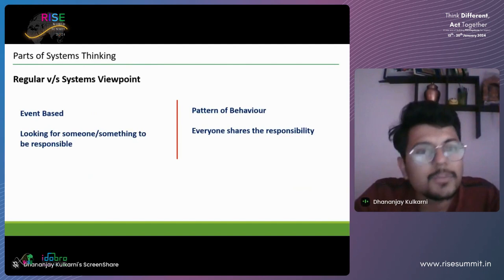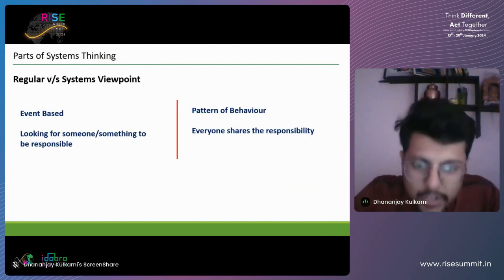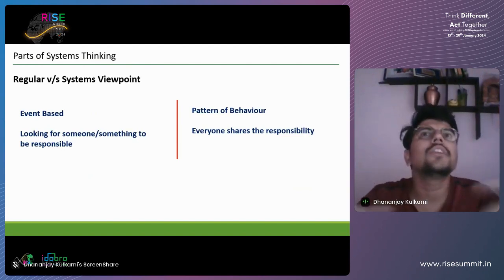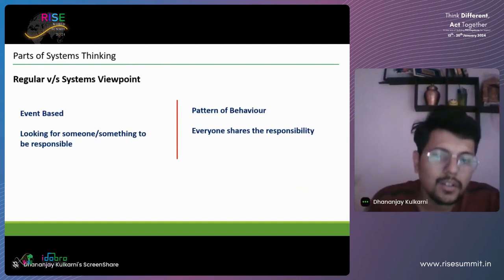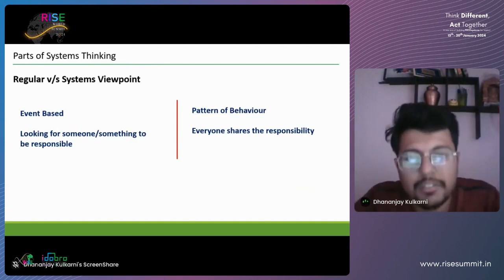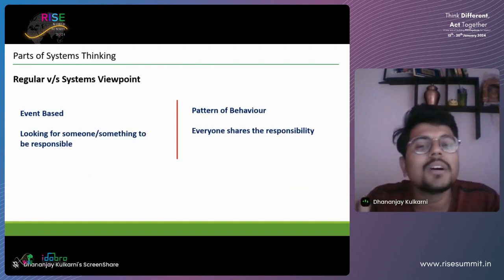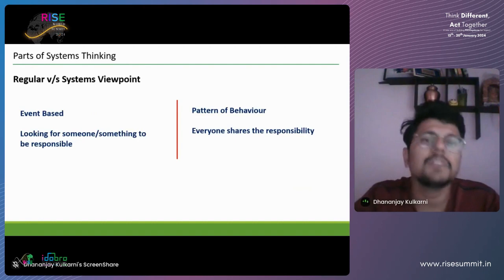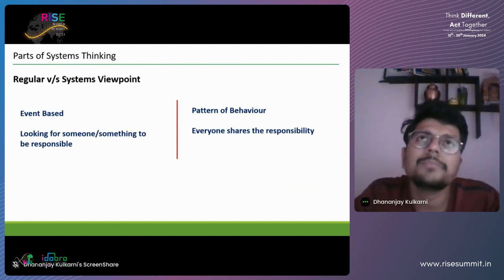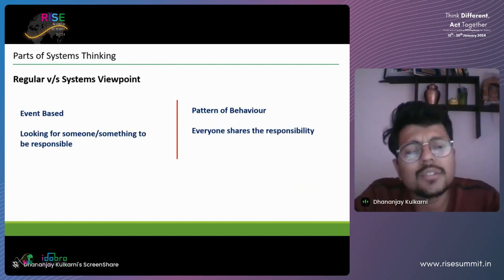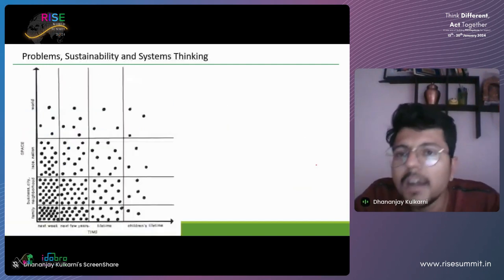So if there is a fault, we try to identify who is at fault. We generally forget the system over there which is causing that behavior, right? So that's how a system viewpoint is sharing the responsibility with everyone. That's one outcome, and it is very beneficial in learning and improving the systems.